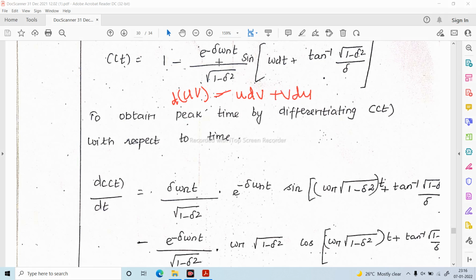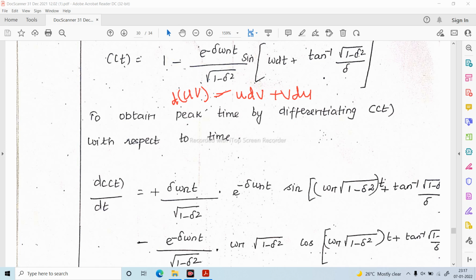First, you have to differentiate this term and keep the other, and next you have to differentiate the second term and keep the first term. So delta omega n into t divided by square root of 1 minus delta square into e power minus delta omega n into t.